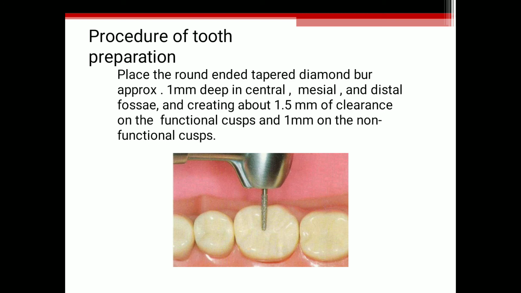You can see in the picture where these round and tapered burs are placed: in the center, particularly the mesial and distal fossa, creating about 1.5 mm of clearance on the functional cusp and 1 mm on the non-functional cusp. That means you are doing the occlusal reduction, creating 1.5 mm clearance on the functional cusps and 1 mm on the non-functional cusps.